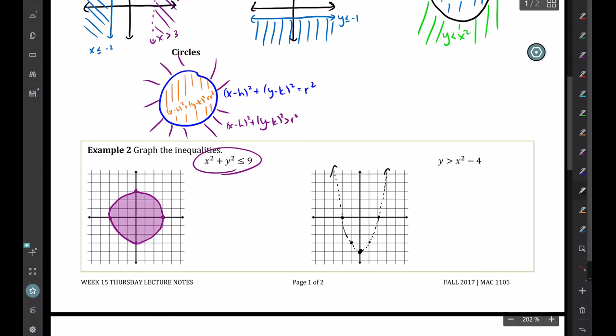Okay, and I'll shade it with blue. So since we want greater than, we need to shade inside of this thing. Inside and above, I guess. So this is all y that is strictly greater than x squared minus 4. Okay, so that's all there is to it for this first page.